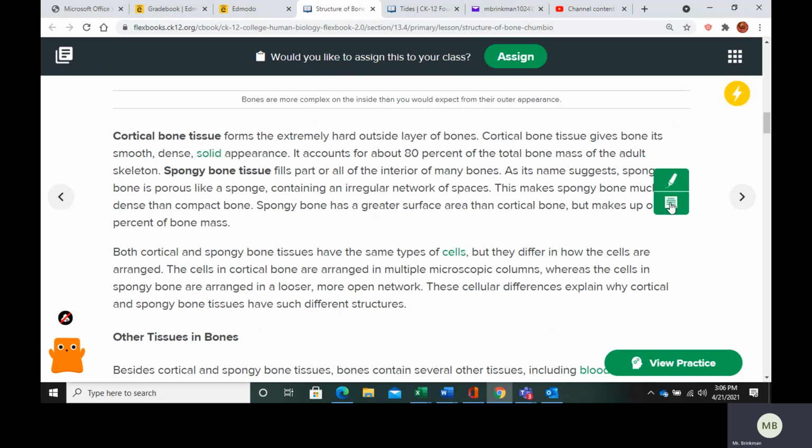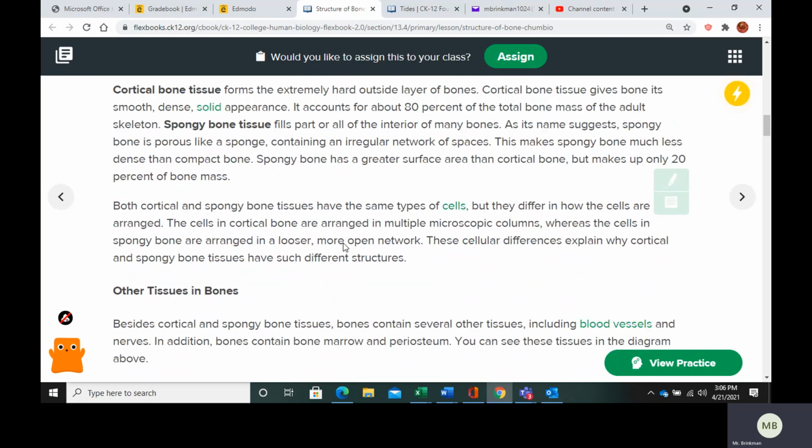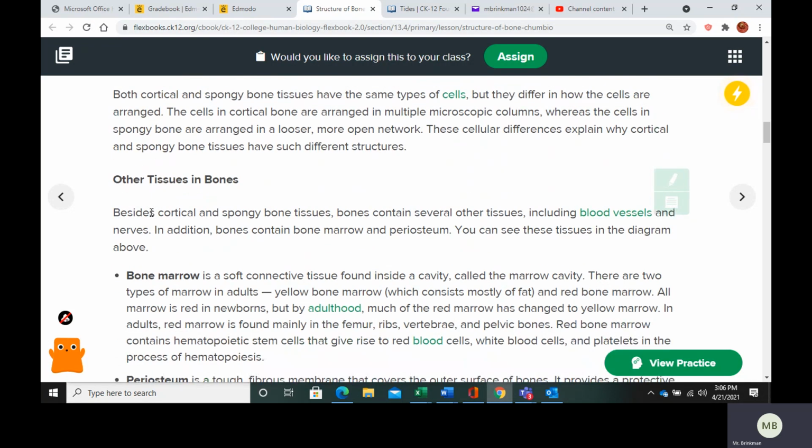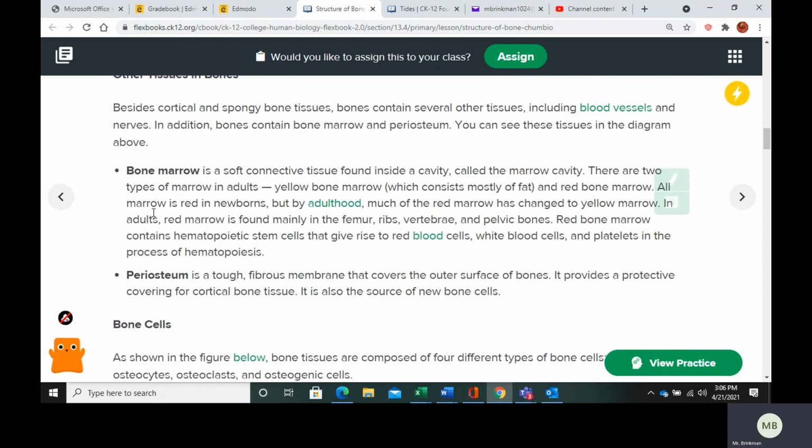Spongy bone makes up the other 20%. They both have the same types of cells, but they differ in how the cells are arranged. Other tissues involved in bones are bone marrow and periosteum.